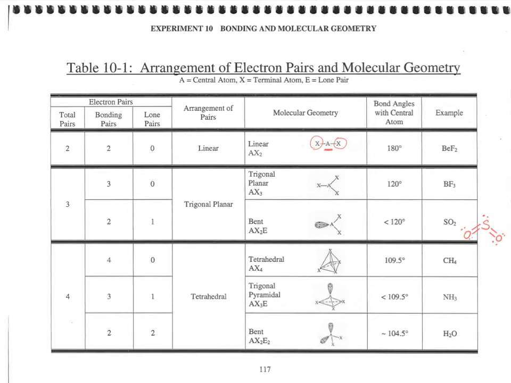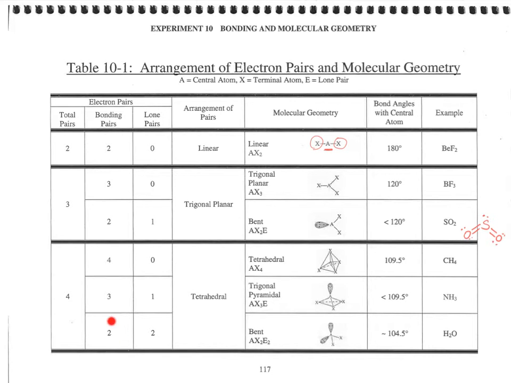And for 3 bonding pairs and 1 lone pair, it's trigonal pyramidal. Because when we consider the molecular geometry, we only consider atoms, it is a trigonal pyramidal molecular geometry with 1 lone pair on this side. And because a lone pair takes more space than a chemical bond, the bond angle here is close to, but smaller than, 109.5 degrees. The example is ammonia.